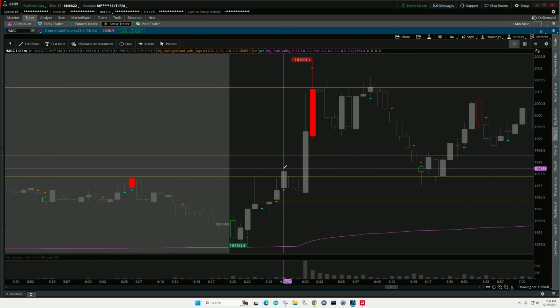And then price continues to go up, and then we have this 2 minute pullback. But the open of this candle body, which you can see at 1996.9, is also the open of this candle body, 1996.9. So they're intersecting. This is not gapping below, so this is not yet a wave pullback.